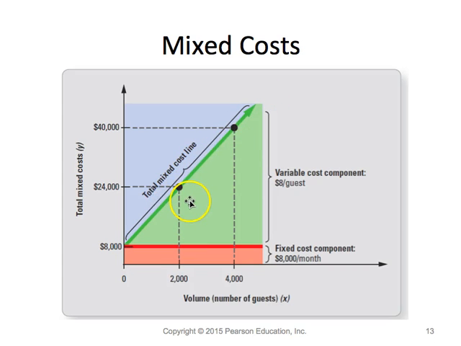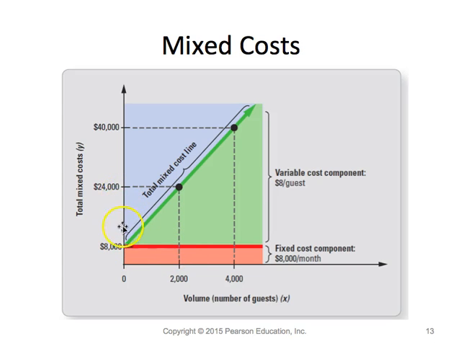The slope is calculated by using a triangle, either this one or this one, and using delta y. Delta means this y minus this y, so we get this value. This will be 24 minus 8, which is 16,000 for y, and then this is x, 2,000.